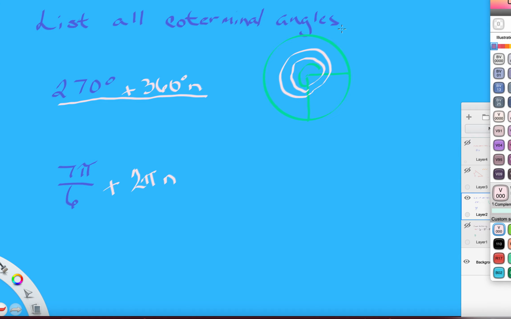And really and truly, that's the same idea here, right? If I make another circle, it's taking me too long. If I make another circle, right, there's my circle. Get rid of it. There we go. And I want to find what? 7 pi over 6.